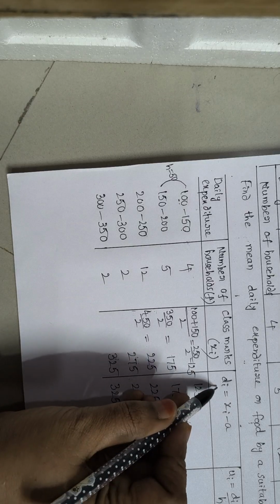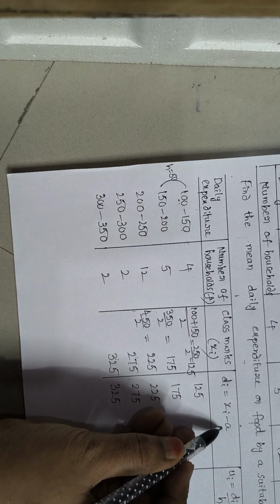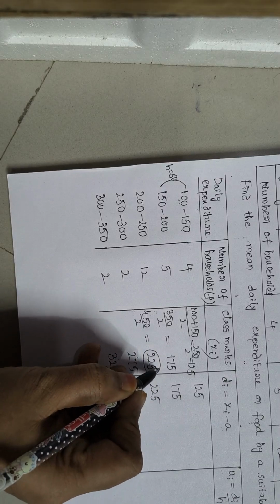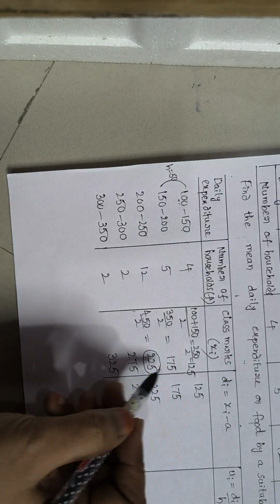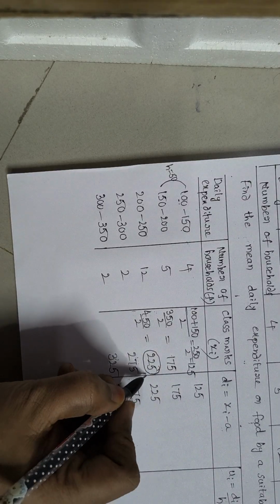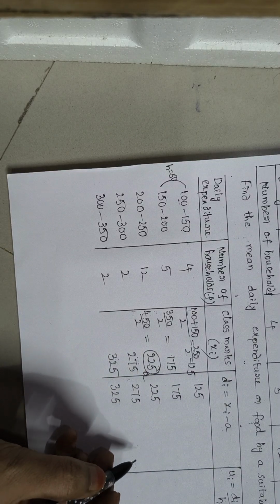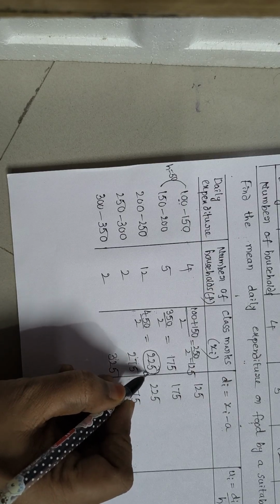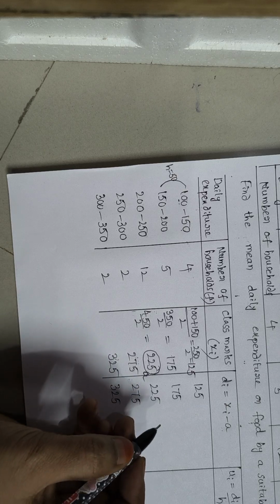Now take these class marks: 125, 175, 225, 275, 325. Now what are the deviations? Xi minus a. What is a? Assumed mean. Take any class mark as a. So here I am taking 225 as assumed mean.